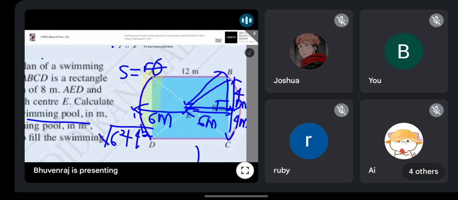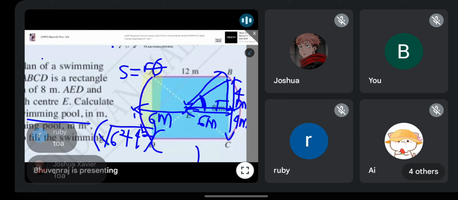Alright. So then, nilai ni kamu kena darab dengan sudut. This is the sudut. So guys, berdasarkan info yang kamu ada, what is the angle, what is the trigo you will use? Berdasarkan nilai 6 dan 4 yang kamu ada.